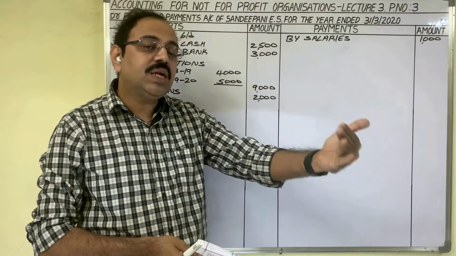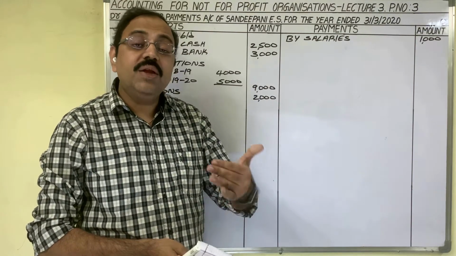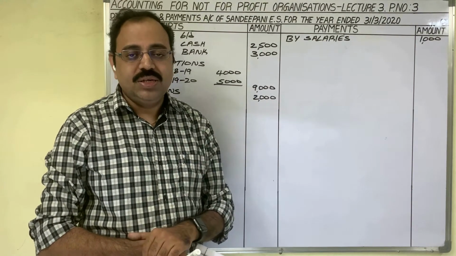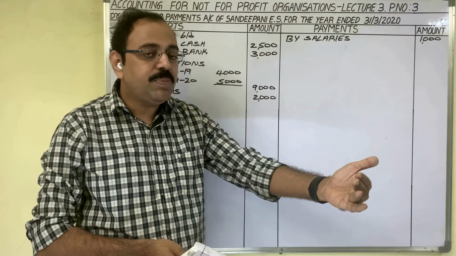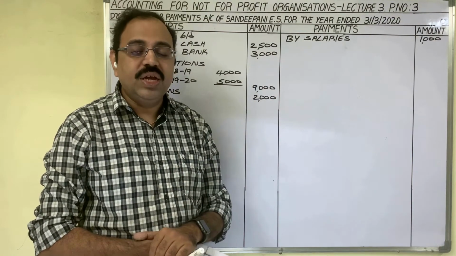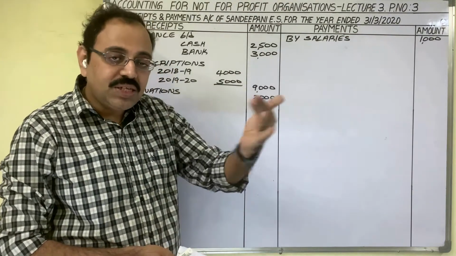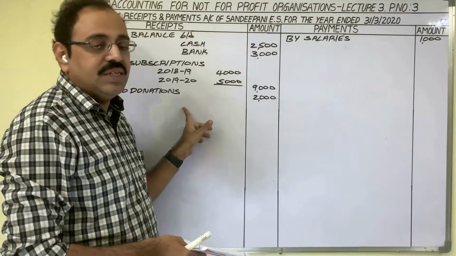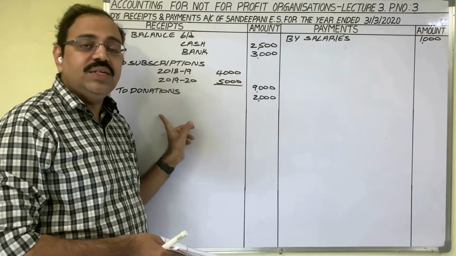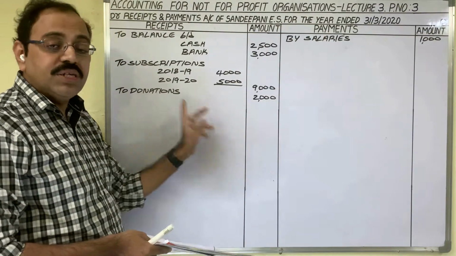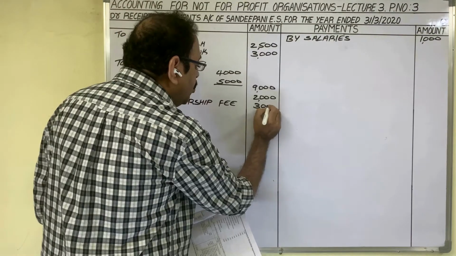So if they pay some lump sum amount, they can become lifelong members. If any member is paying that type of amount, it is known as life membership fee. As cash is coming into the firm, it is a receipt. Show that under receipt side. To life membership fee, 3,000 rupees.